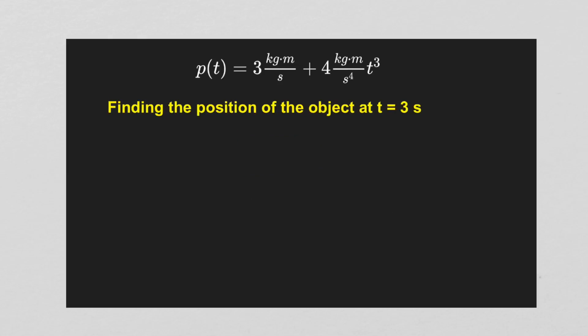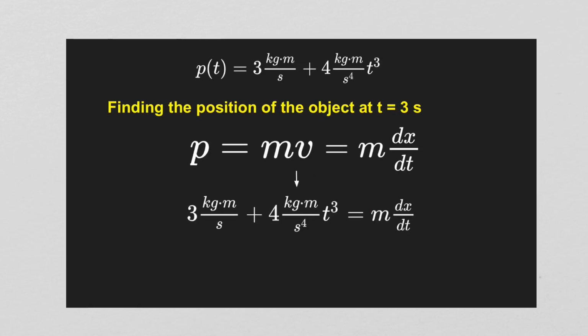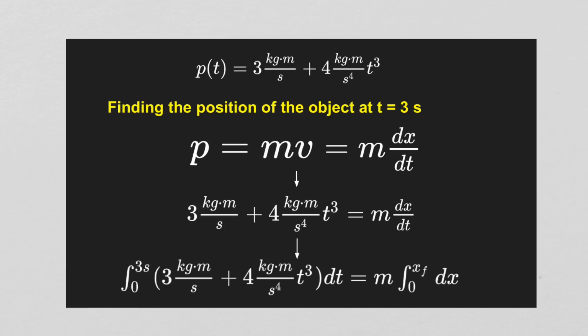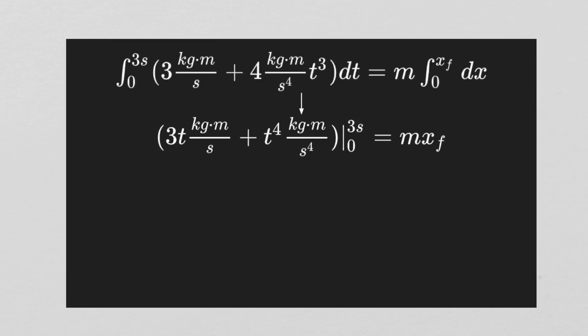Makes sense. If you want to find its position, well, let's look at the definition of momentum. Mass times velocity, and I know velocity is dx dt, change in x over change in time, or derivative with respect to time. So let's move this dt over to that side and integrate. And when you do this, we plug in our initial boundary conditions for position and time.